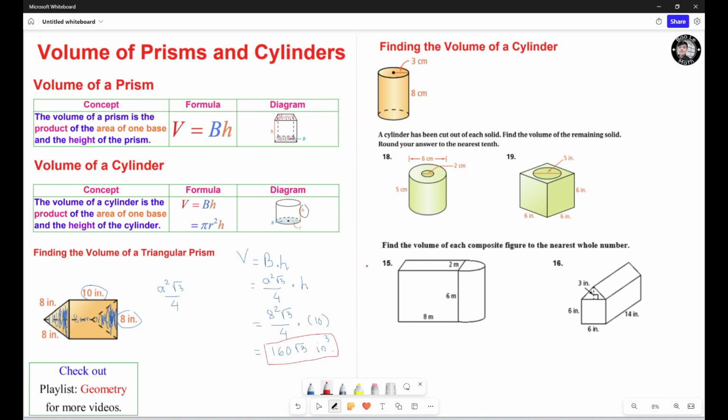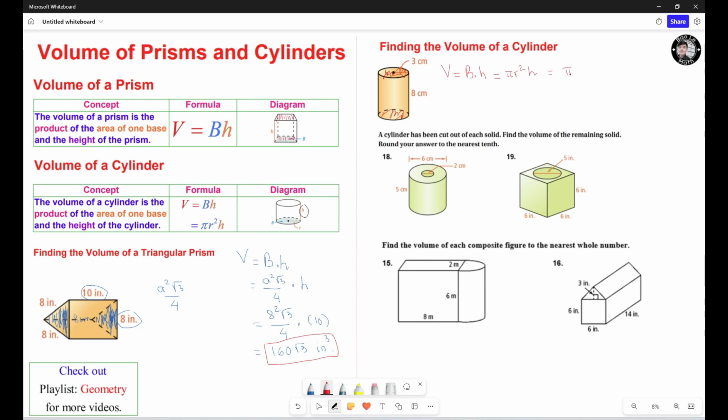Now let's move on to the second example. Find the volume of a cylinder. Alright, the volume formula should be base times height. Base is the area of the base right here, the area of one base. So it's going to be pi r squared times height.